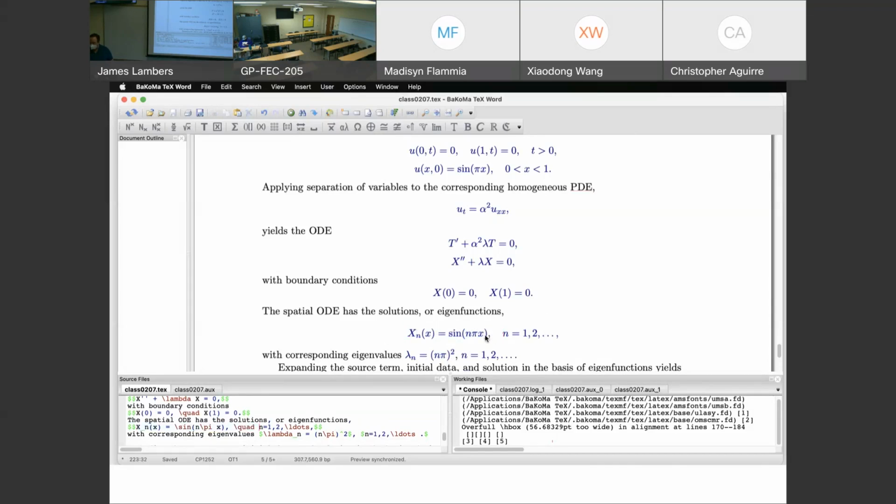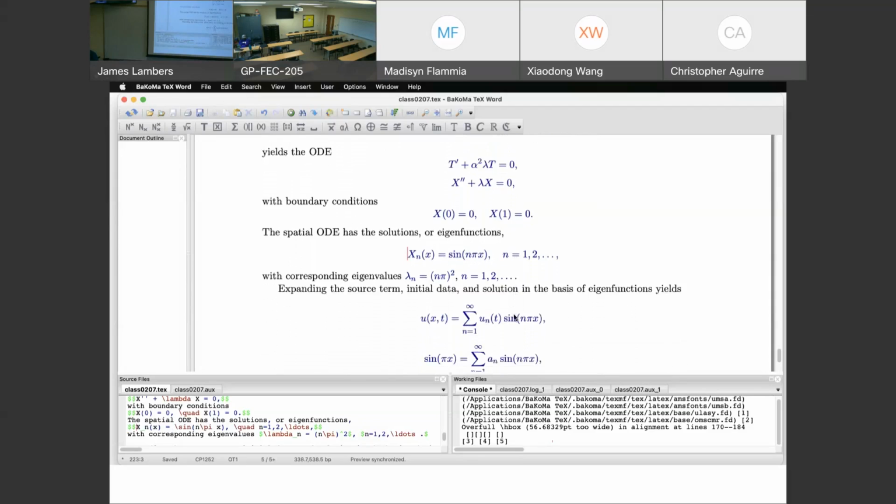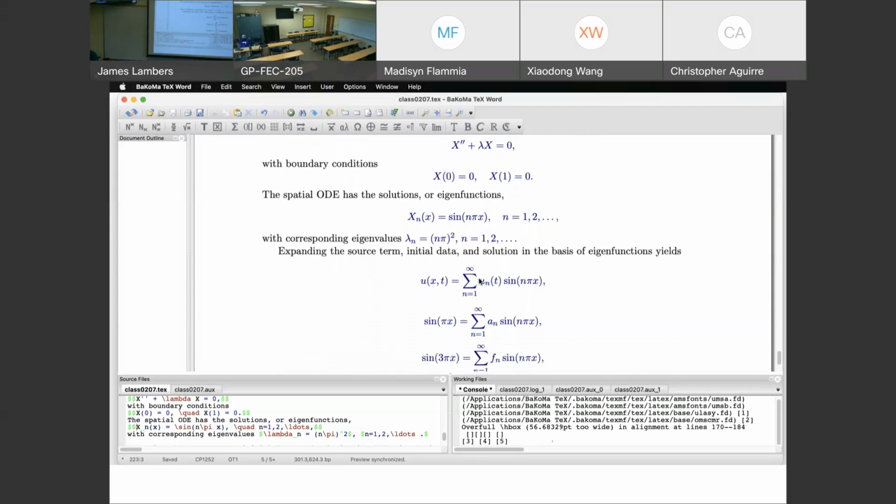That happens often, like for instance, homework problems that pop up where the homogeneous problem is something you've seen before. So, I need to express the solution, the initial data, and the source term as linear combinations of my eigenfunctions, sine n pi x.